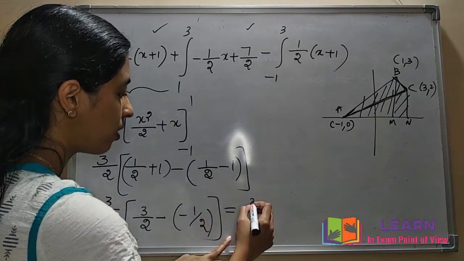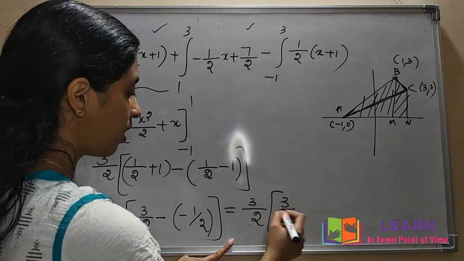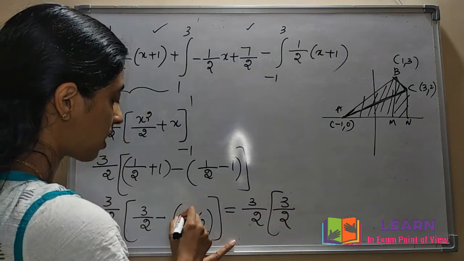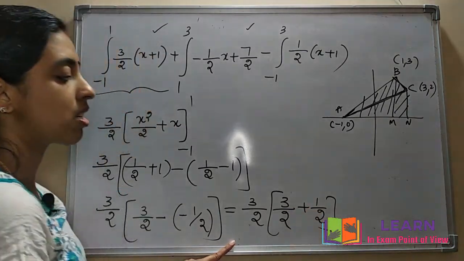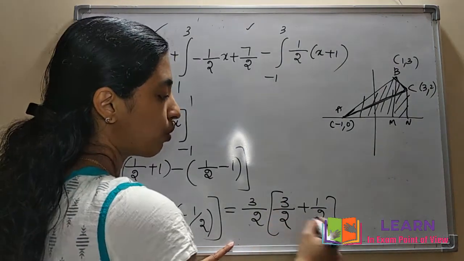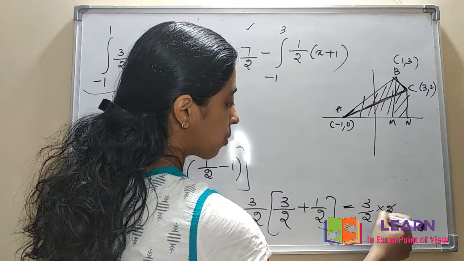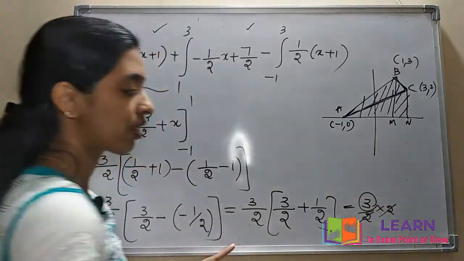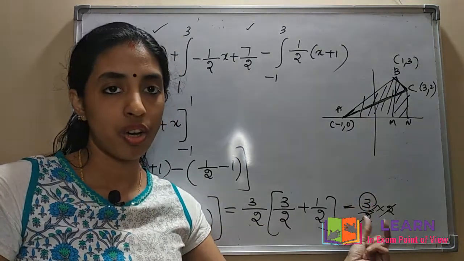So now 3 by 2 into, we have inside 3 by 2 minus minus plus 1 by 2, right? Denominator same, add the numerator. 3 plus 1, 4. 4 by 2, 2. That is 3 by 2 into 2. 3. First part area is 3 square units.